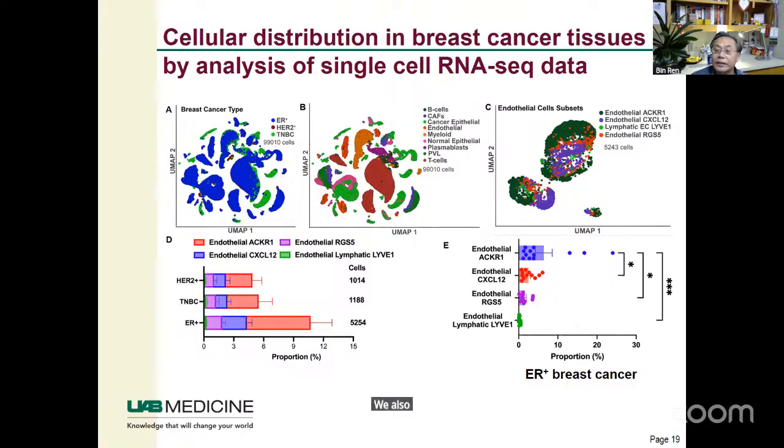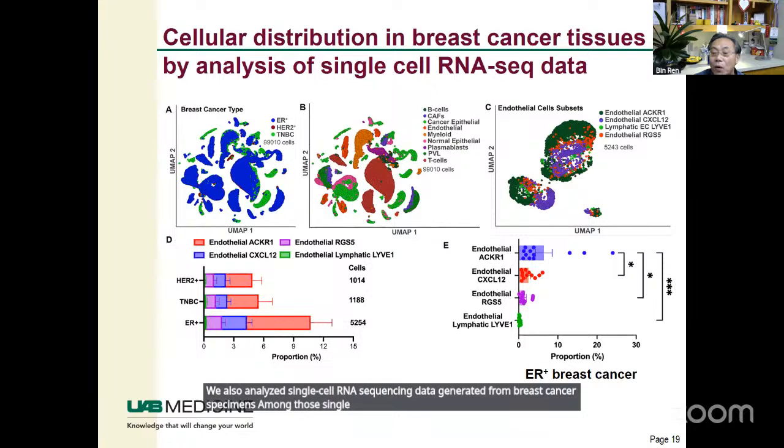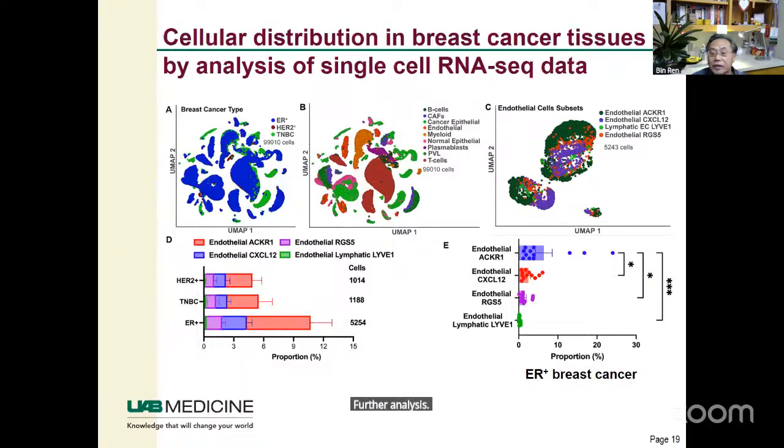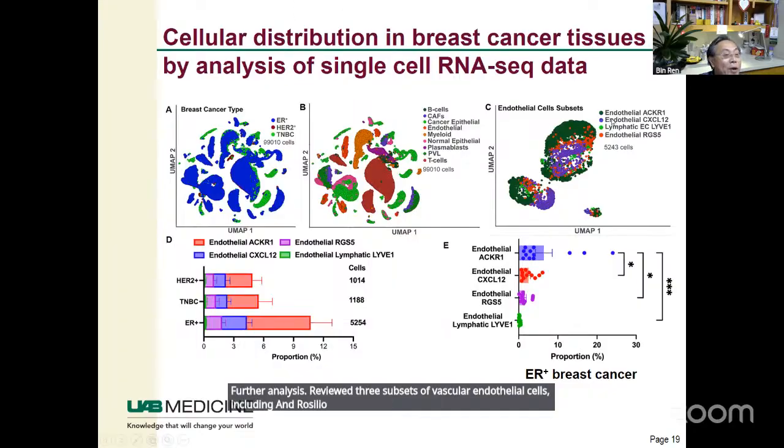We also analyzed the single-cell RNA sequencing data generated from breast cancer specimens. Among those single cells that passed the quality control across 3 types of breast cancers, we identified 9 major cell populations by annotating with canonical lineage markers in combination with UMAP visualization. Further analysis revealed 3 subsets of vascular endothelial cells, including endothelial cell ACKR1, endothelial cell CXCL12, endothelial cell RGS5.